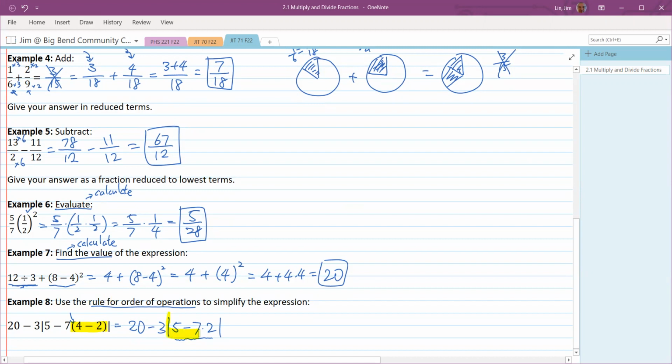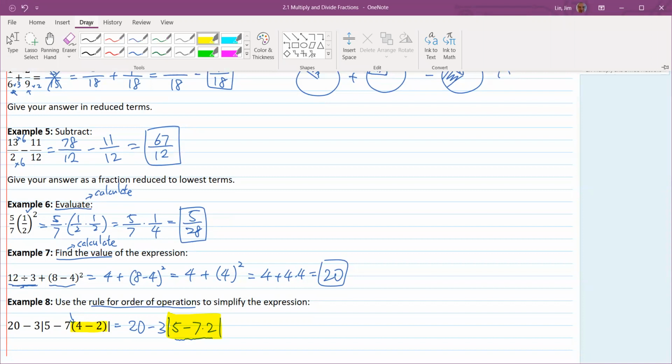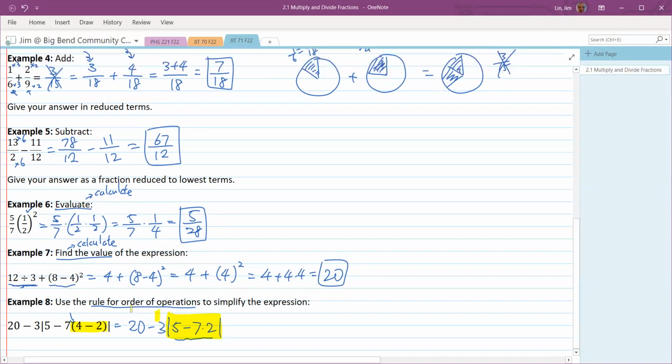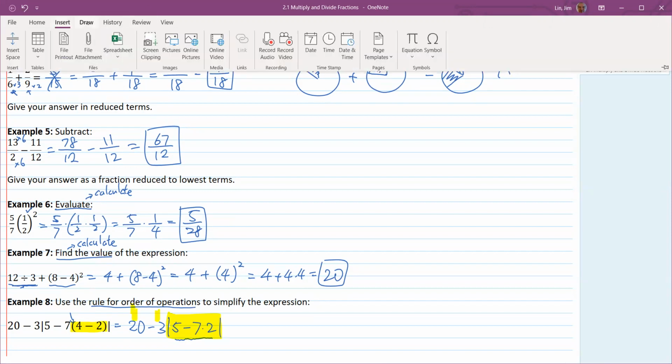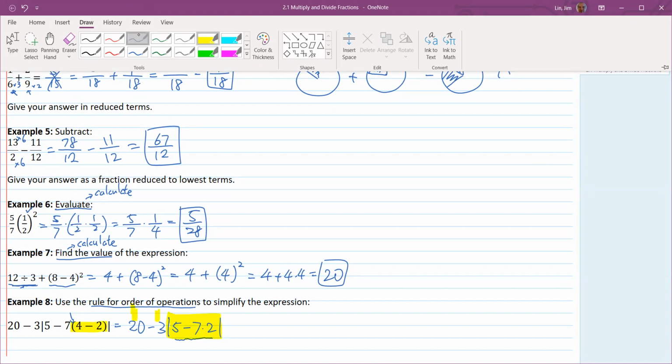And next, we have that portion inside the absolute value sign. We have to take care of the entire calculation before we can work with the value of 3 and the value of 20. Make sure you follow the order in this way.